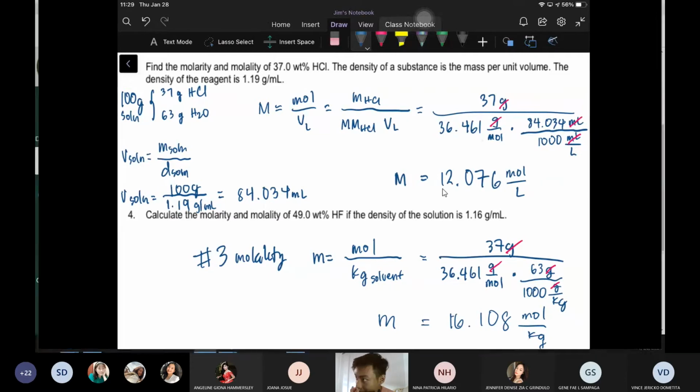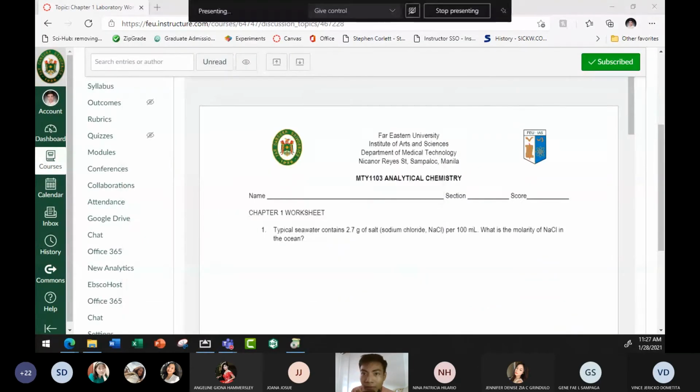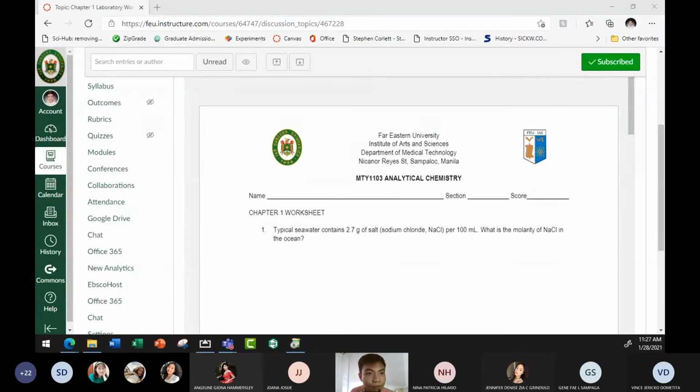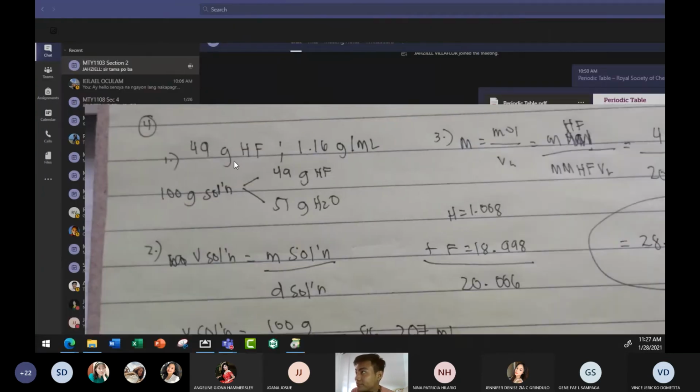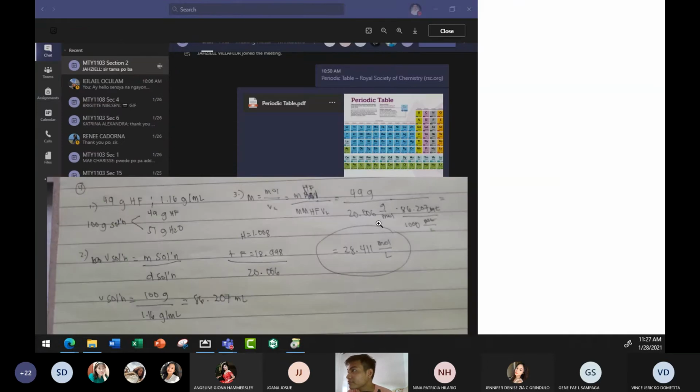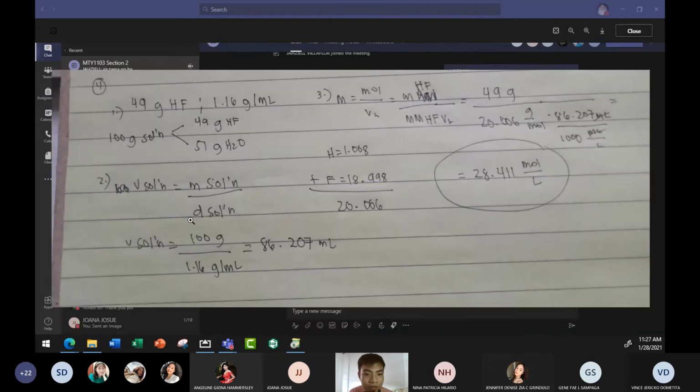So, pakita natin sa class. Drag ko lang tong Teams. Okay, so ganito ang solution, and this is correct, no?